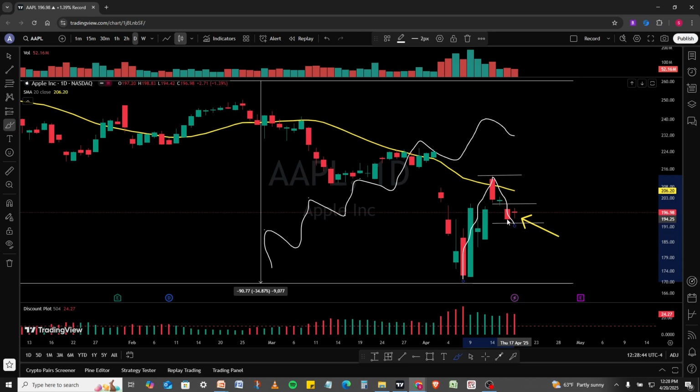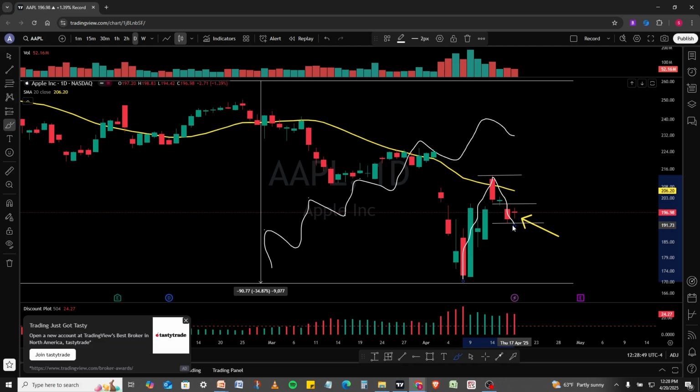And if this level holds for some time and continues to move higher, we can look back in time and say that this was a higher low relative to this level. So we can mark it as level 1, level 2. Level 2 is much higher than level 1, so it's a higher high, higher low setup.